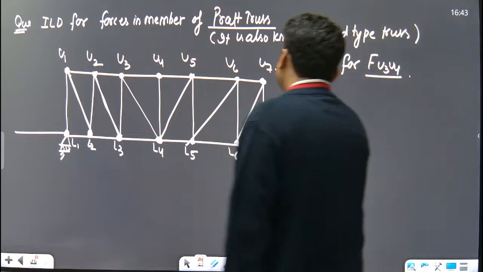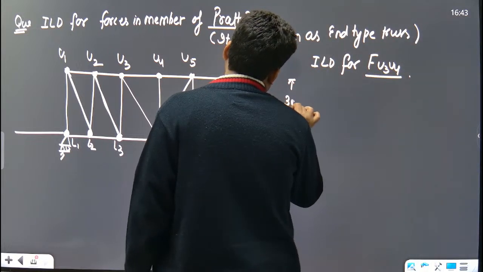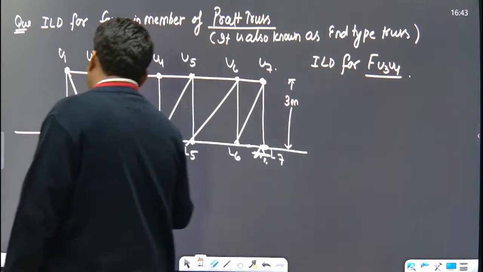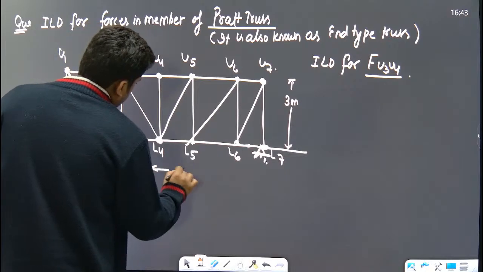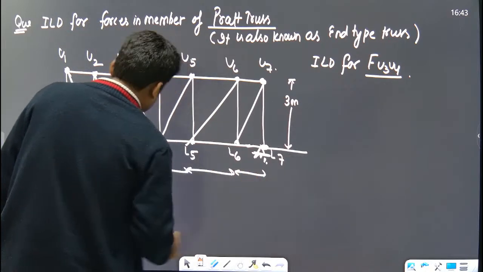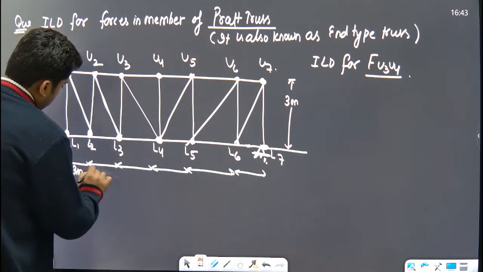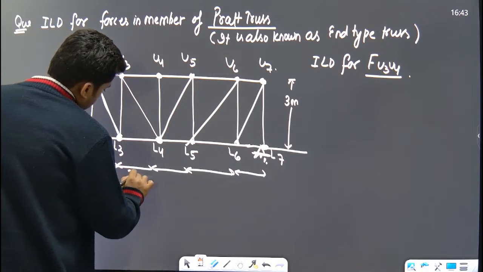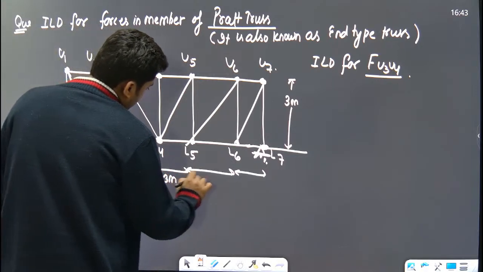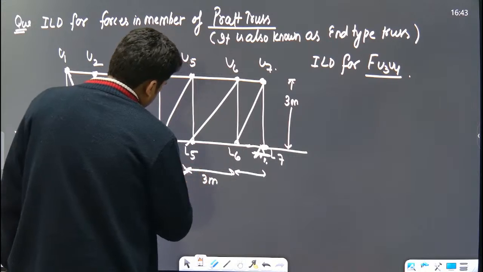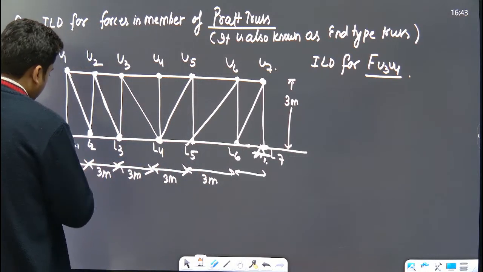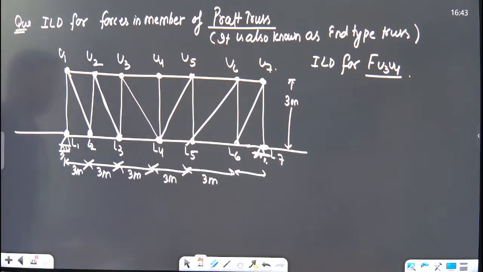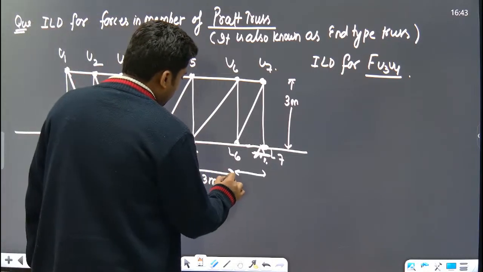Now let us suppose this is 3 meter and these are 6 panels of 3 meter. 3 meter, 3 meter, 3, 4, 5 and 6. Understood?